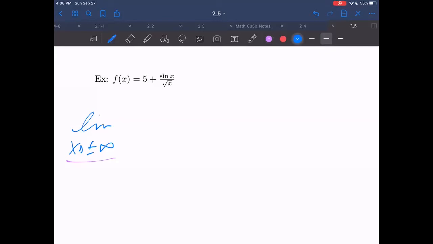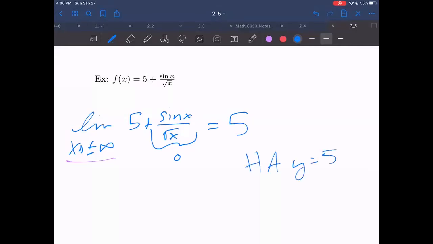So if we plug in our function, 5 plus sine of x over root x, as our values get larger and larger, or smaller and smaller, sine of x over root x is just going to equal 0. So our limit of this is going to be 5. So we'll just have a horizontal asymptote at y equals 5.